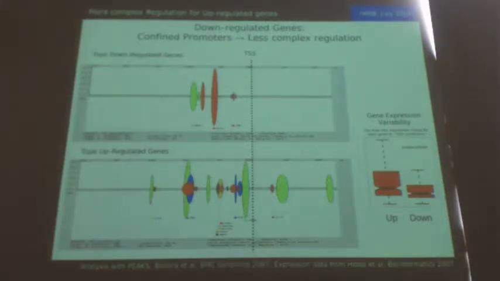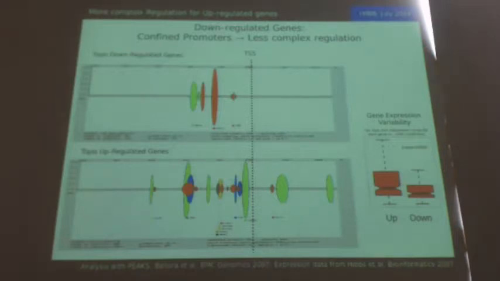But what expression data do tell us is that if you look at these expression profiles over a great number of conditions, and you just say, okay, for each gene, I want to know the highest and the lowest area of expression where it can reach, you see that there is a significantly greater expression variability for the upregulated genes as opposed to the downregulated genes.